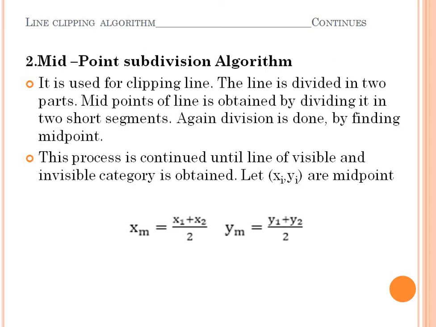The first difference between the midpoint subdivision and Cohen-Sutherland algorithms is that the Cohen-Sutherland line clipping algorithm requires floating point calculation to find the intersection of the line segment with the window edges. This calculation can be avoided by using the midpoint subdivision algorithm.